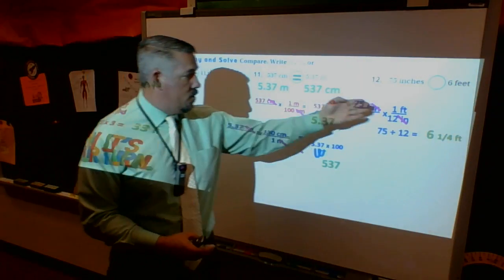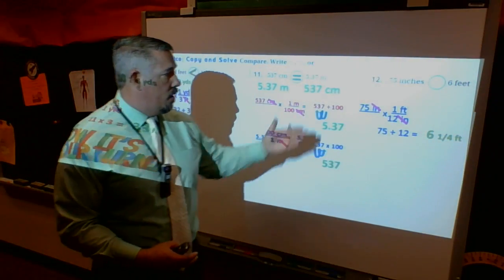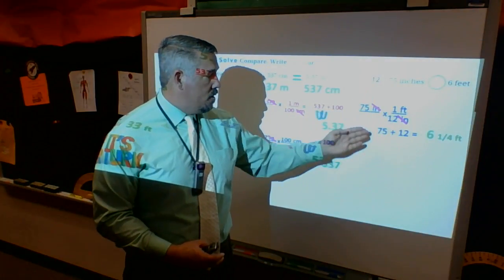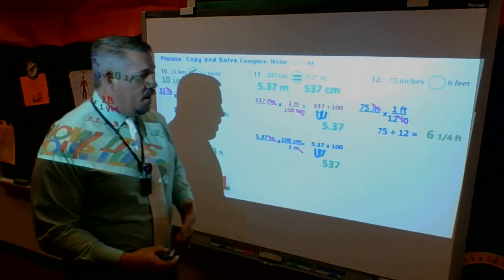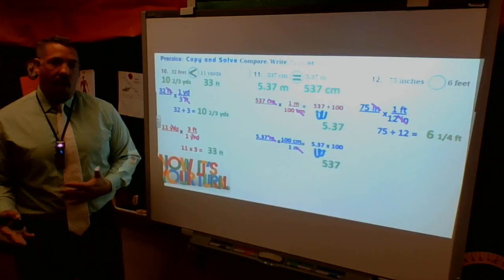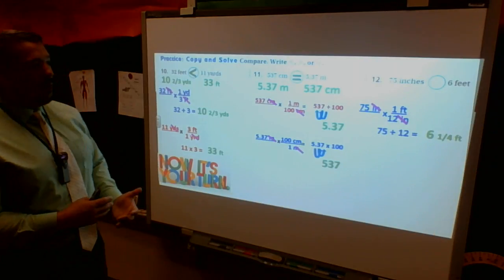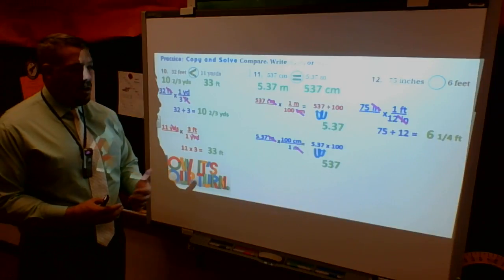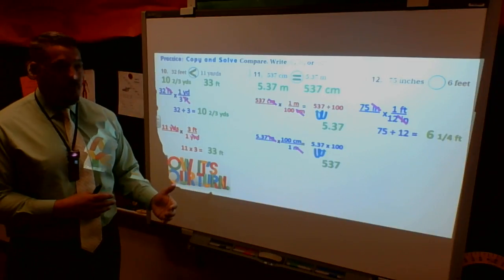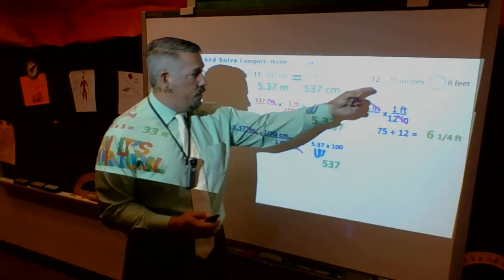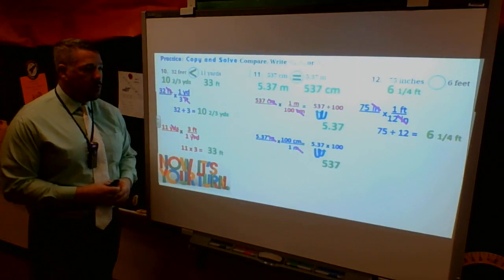That allows me to reduce my labels, and I'm left with 75 over 12. 75 divided by 12 gives me 6, and then I had some left over. Now when I reduced it, because I would have had 3/12, I get 6 1/4. So I put 6 1/4 is the same as 75 inches.